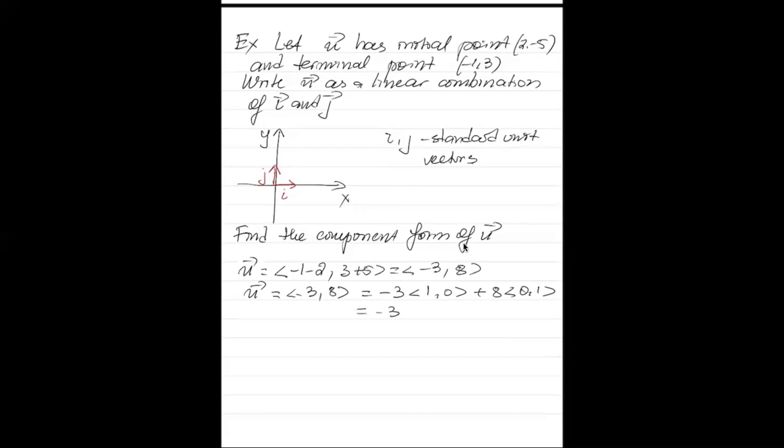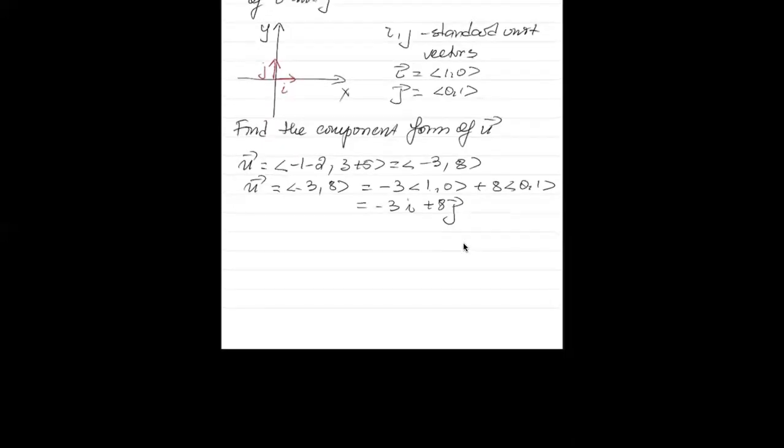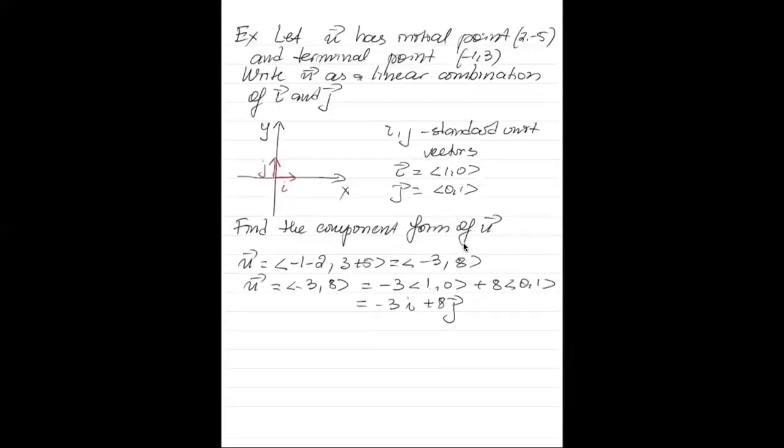But now 1, 0 is our unit vector I, right? These are the components of a unit vector I, 1, 0, and J has components 0, 1. So we have negative 3I plus 8J. So that's how we write a vector as a linear combination of I and J.